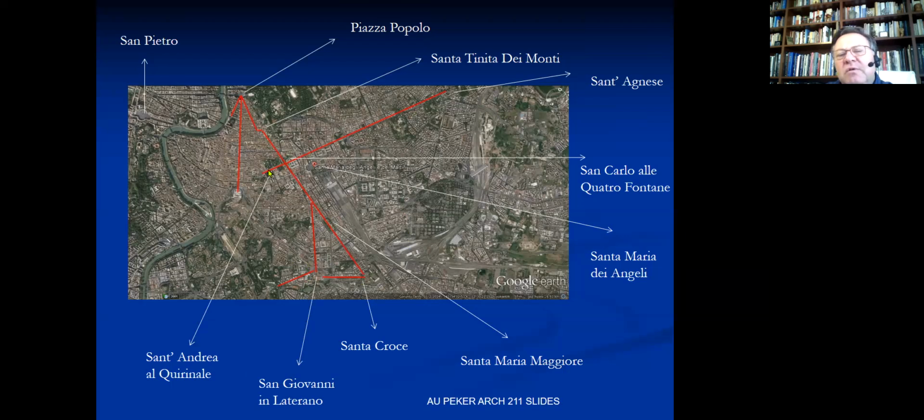If you turn left, Sant'Andrea al Quirinale, a Baroque church here. San Giovanni is a Byzantine medieval church reconstructed, Santa Maria Maggiore as well, and many other churches accessible by means of this avenue. Actually, planning of Rome in the 17th century is after the organization of the church.